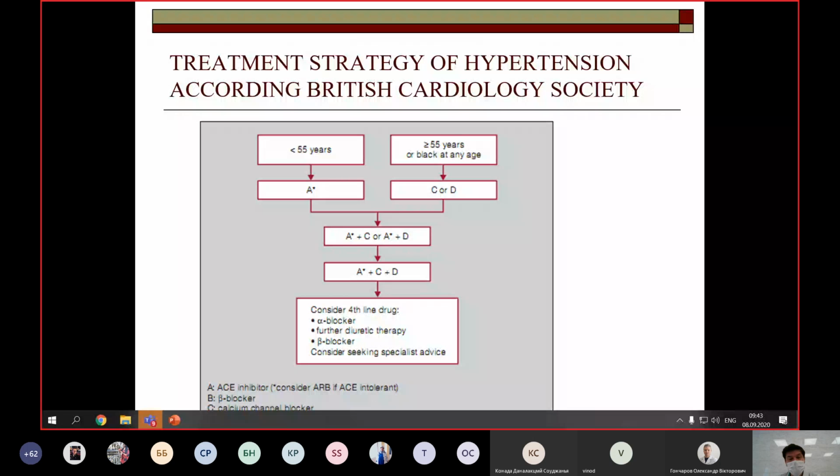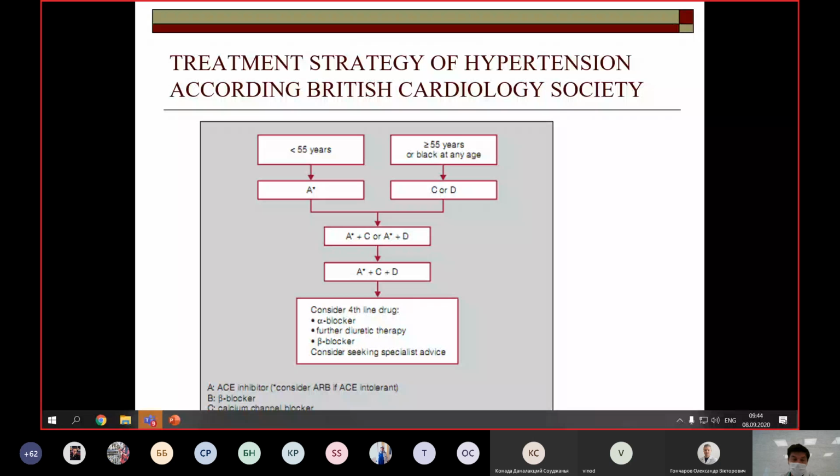So theoretically, when we have a young white man at the age of 40 years old, we can start to treat the patient with antihypertensive drugs whose names begin with the letter A: ACE inhibitors or ARBs, in principle.